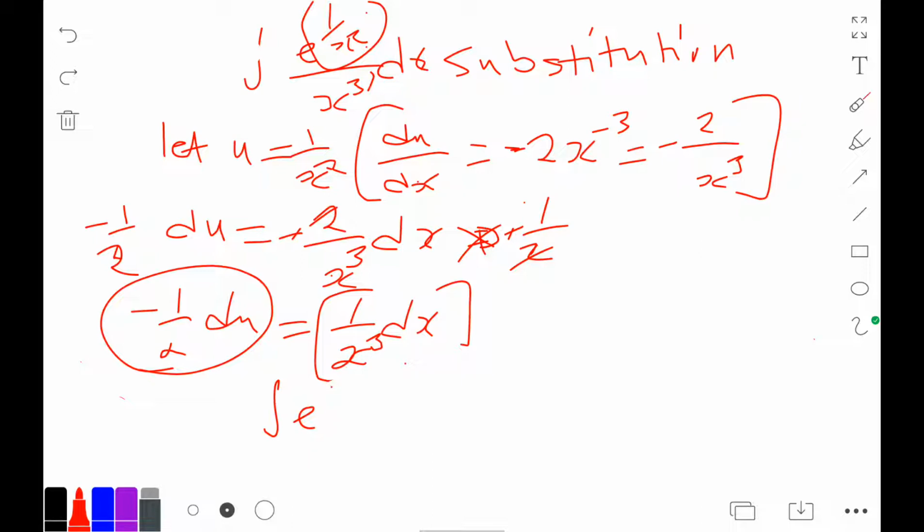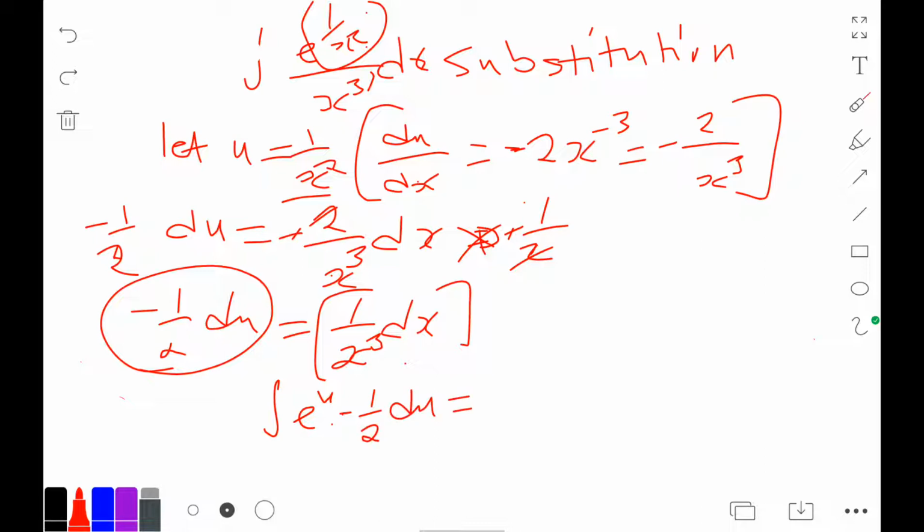So now when we substitute, we have the integral of e to the power 1 over x squared, which is u. Remember, 1 over x squared equals u. So now we are going to use u, times 1 over x cubed dx, which we know equals negative 1 over 2 du.